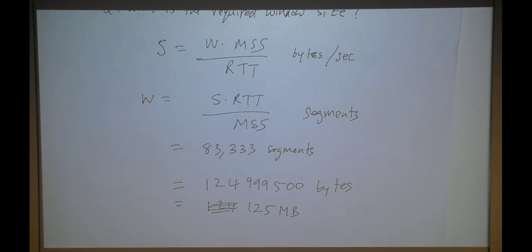So that was one example, and this is another example here. Something else is constraining your rate. Even though you have a very fast rate, the parameters of the protocol that you're using can also constrain you.